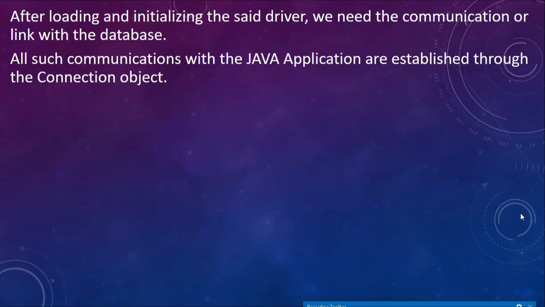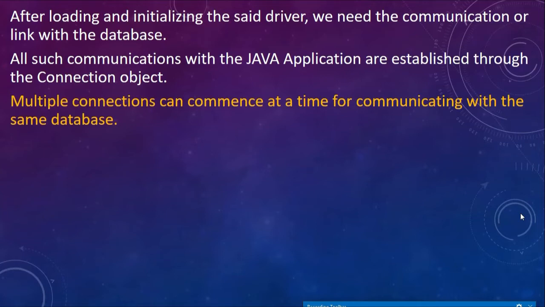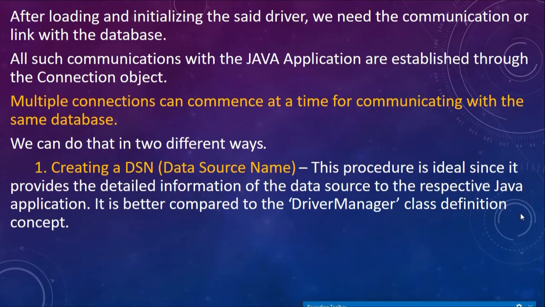So let's begin. All such communications with Java applications are established through a connection object. We have already seen that. Multiple connections can commence at a time for communicating with the same database. Now we can do this in two different ways. One, by creating a DNS, that is data source name.